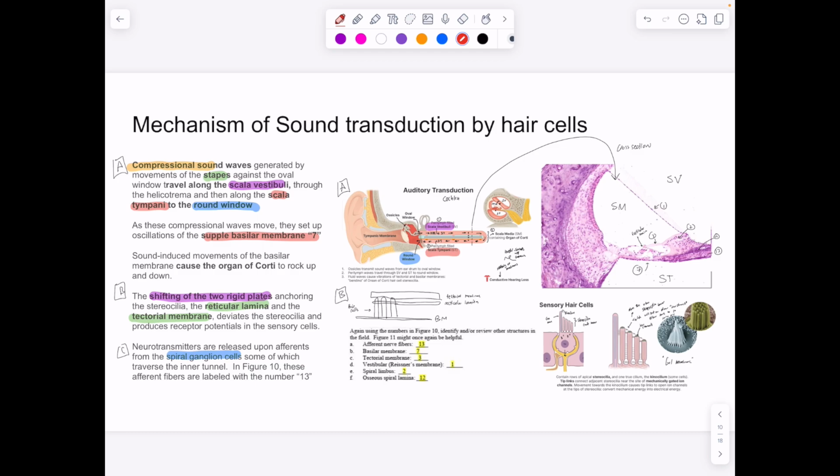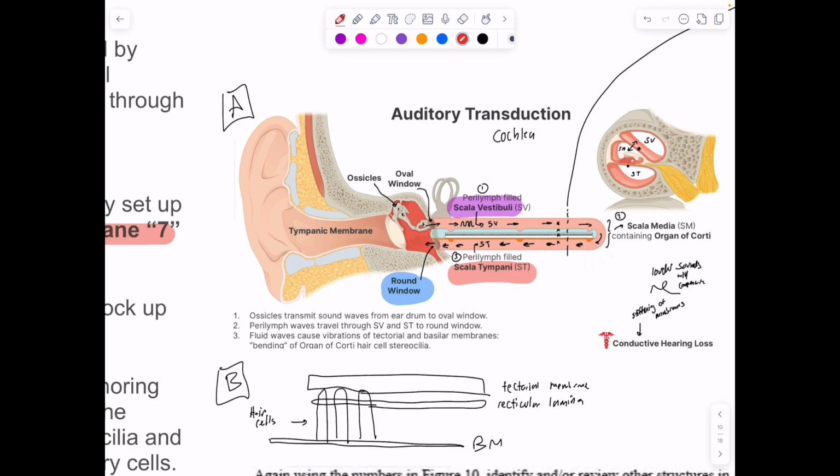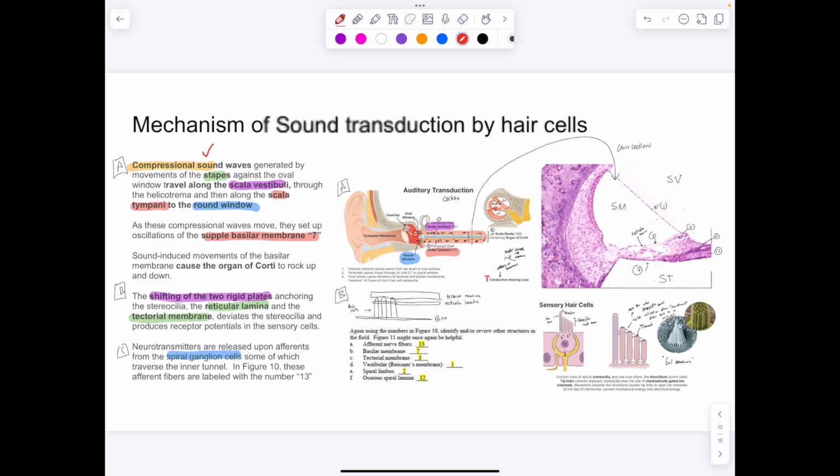Basically, this page is saying what I just said, but so compressional sound waves generated by the stapes. All right, so malleus, incus, stapes goes through the oval window into the scala vestibuli, then through the helicotrema, which we know is aka the peak right there, and then into the scala tympani, and then into the round window, back out.